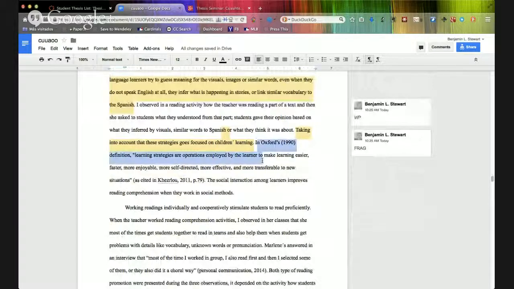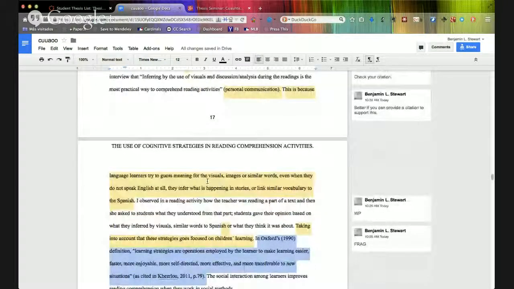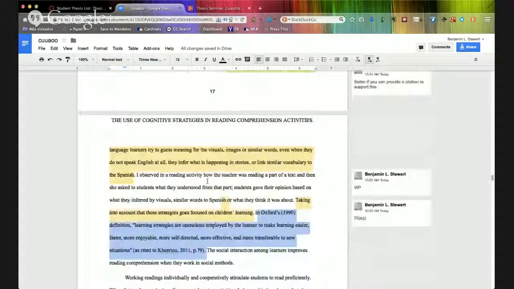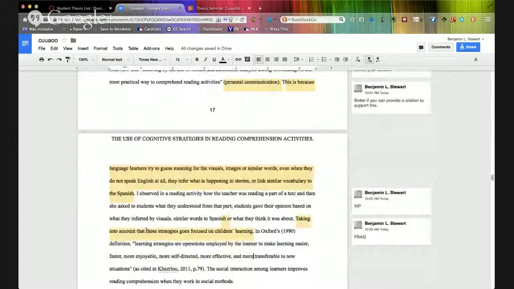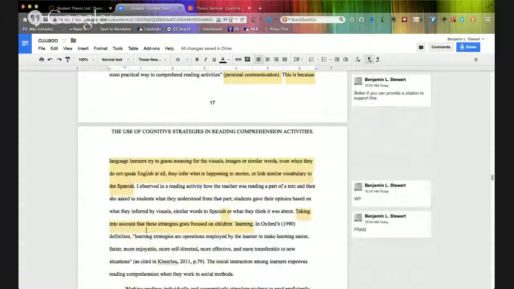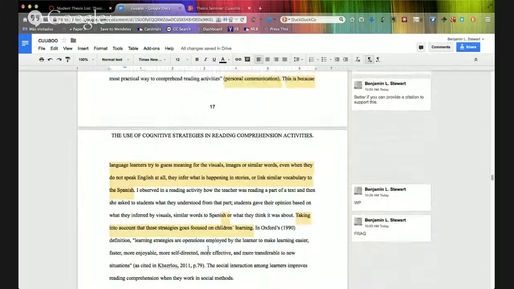So you mentioned Oxford here. What learning strategy are the students using in this paragraph? Because it says the students get ideas from visuals, from images or similar work.